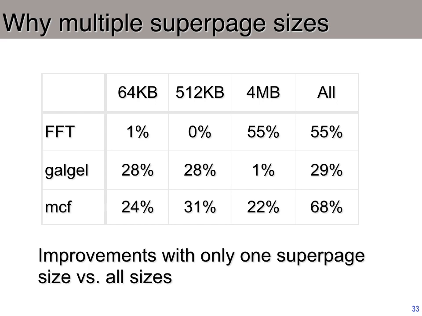So what this shows is that it takes the guesswork out of the application developer's hands. You don't have to think about what superpage size you need to use. You just run their scheme, and most likely it would give you the best possible performance, or better performance than a single superpage size.